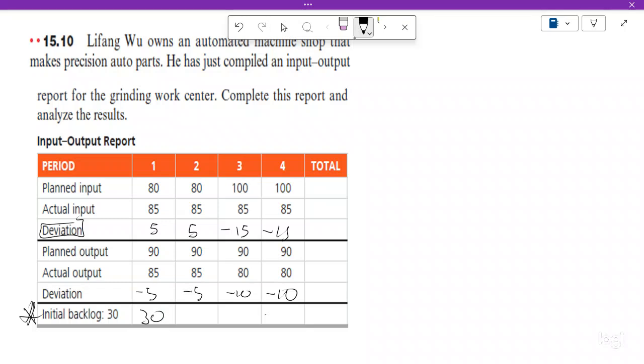So this is how it looks, the one for accumulative. Then input 85 minus 85, 0 again. Then it becomes 30. 80, which is output. So input 85 minus 80 is 5, so it becomes 35 here. Then the last one, 85 minus that becomes 5 and then becomes 40.